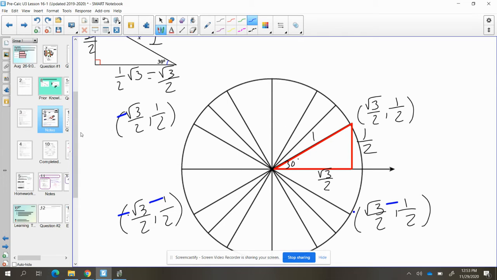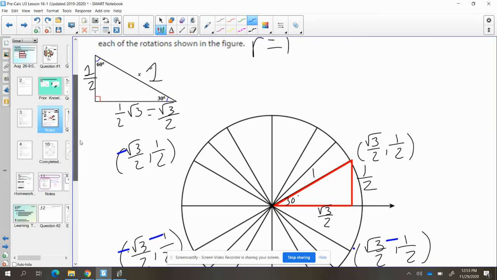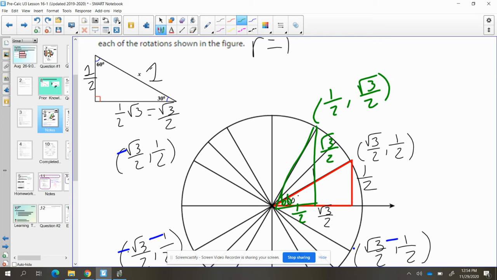The only difference is it's going to be flip-flopped, because in the 60-degree angles, we have the 60-degree angle here, and we need to flip-flop these so that now this is the square root of 3 over 2, and this is the 1/2 value. So we would have basically our x and y coordinates flip-flopped here.